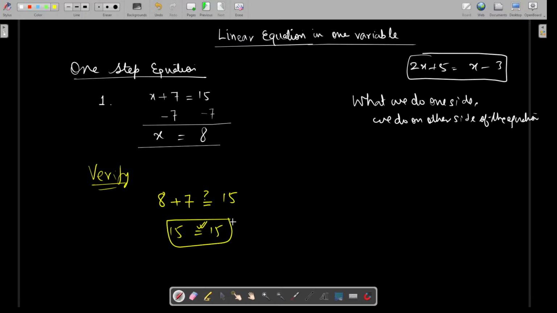That means x equals 8 is correct. So this is a very basic one-step question. This is a linear equation in one variable, one of the most fundamental questions that we can solve.